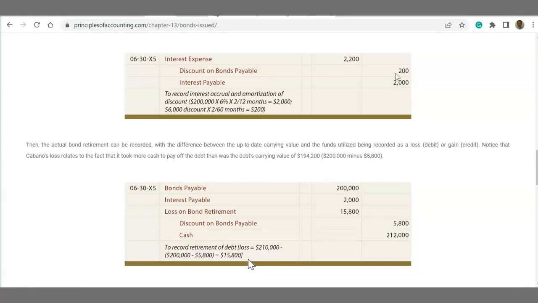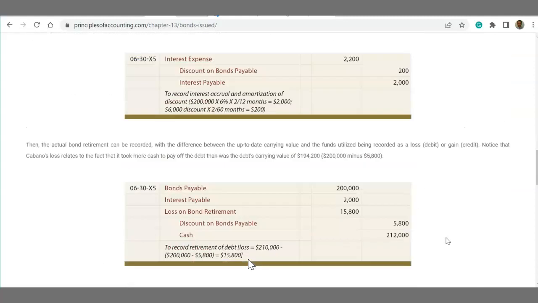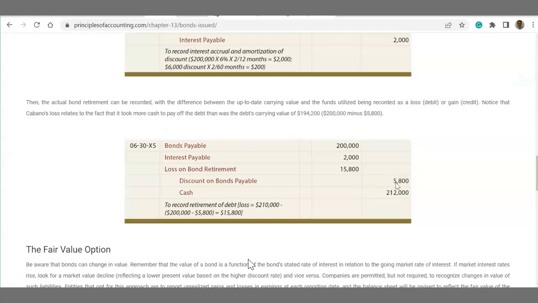We just use straight line because the dollar amount will be very small, and it's not material to be worried about anything. So $200 is already amortized. So 6,000 minus 200 is 5,800, and that's what is left from discount. And discount has a normal balance of debit. So in order to close that, we do 5,800 credit.